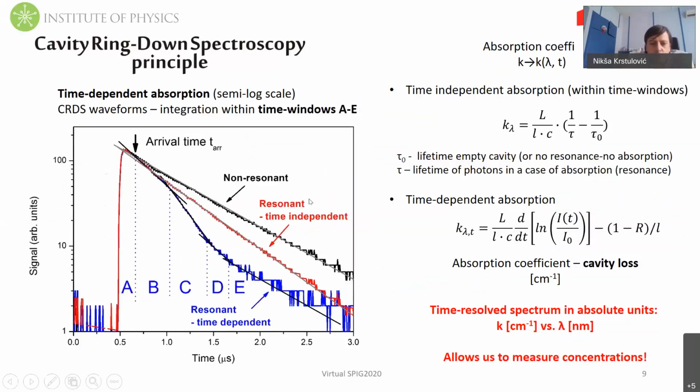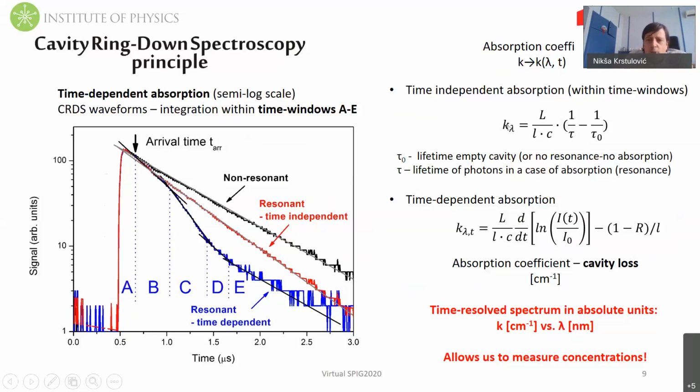So we are talking about time-dependent absorption. However, we can divide that signal into what we call time windows, and within a time window we can approximate that the plasma density is not changing. So we can apply the time-independent case.